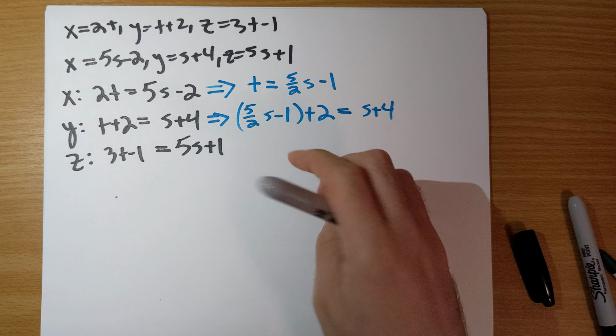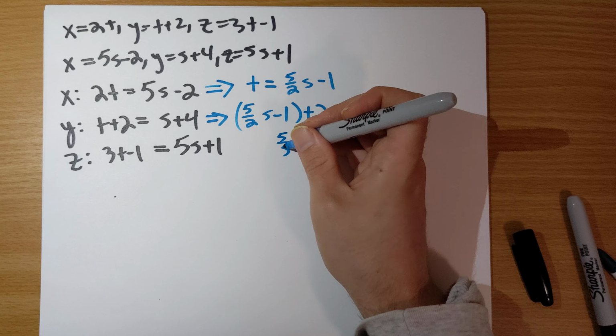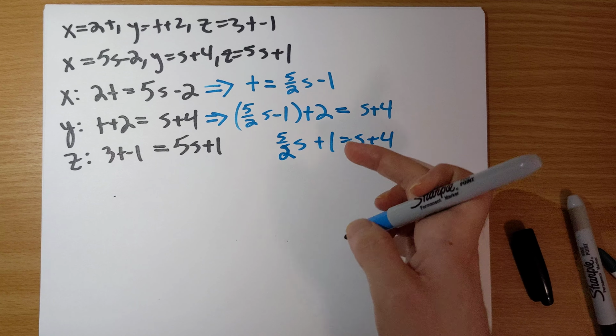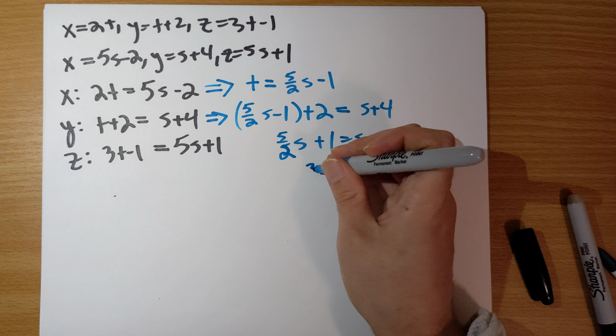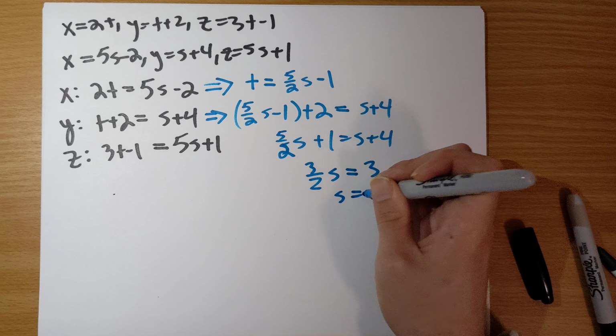Okay, simplifying this, we get 5/2 s minus 1 plus 2 is plus 1 is equal to s plus 4. Combining like terms and such, 3/2 s is equal to 3, so s is equal to 2.